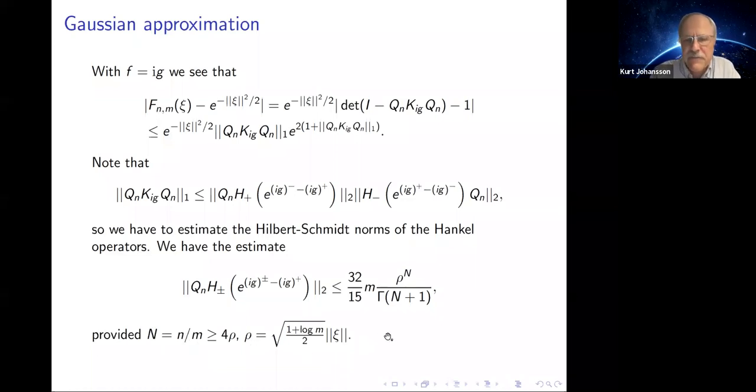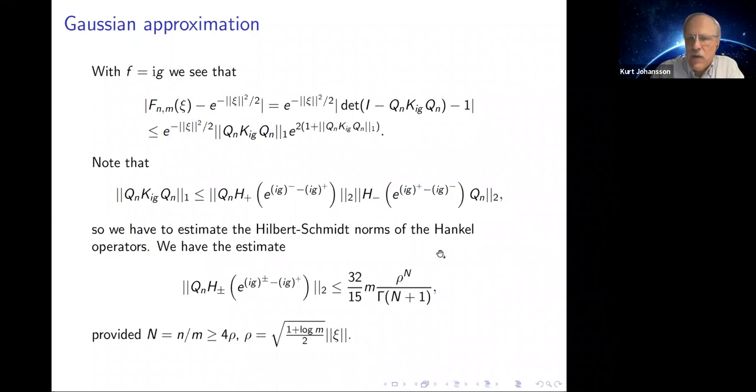So not for all psi, but for those psi, we have a very good control of this, and we know how close this transform is to the Gaussian. Right? So this is the control you have in the Gaussian approximation part here.